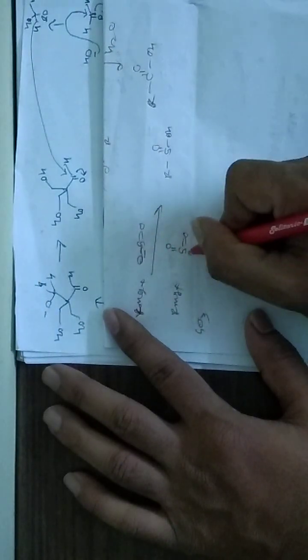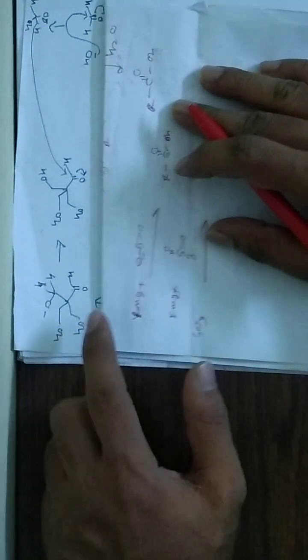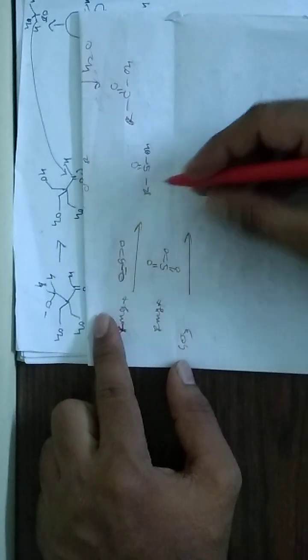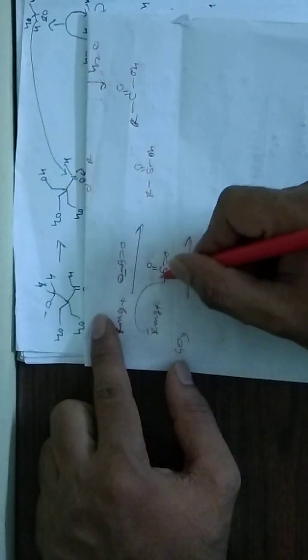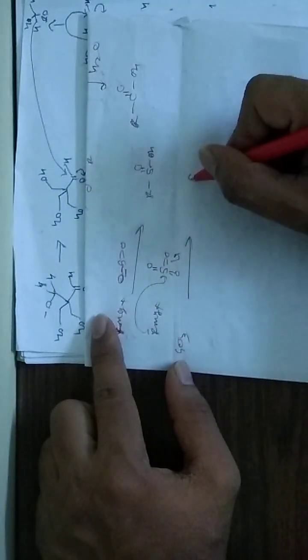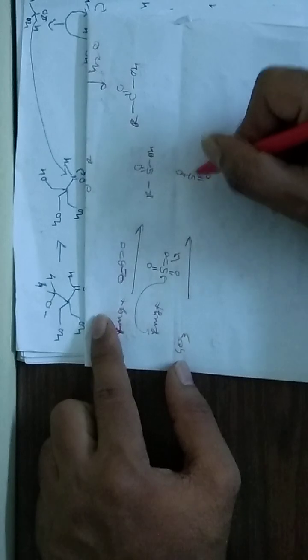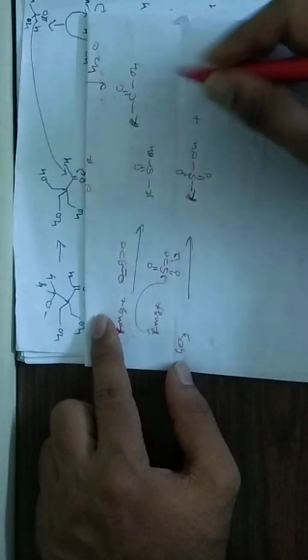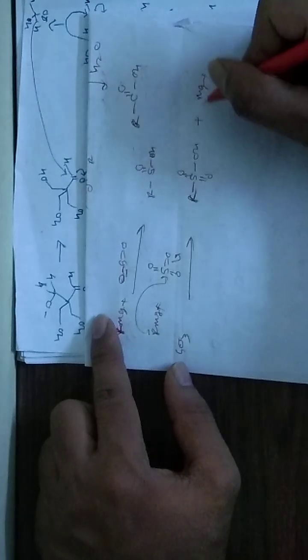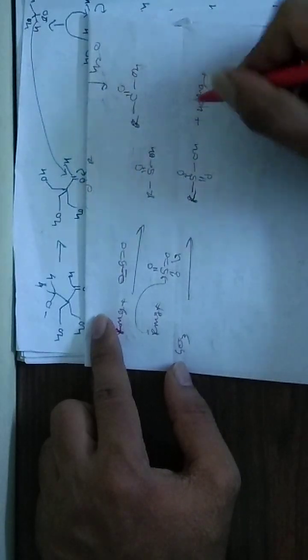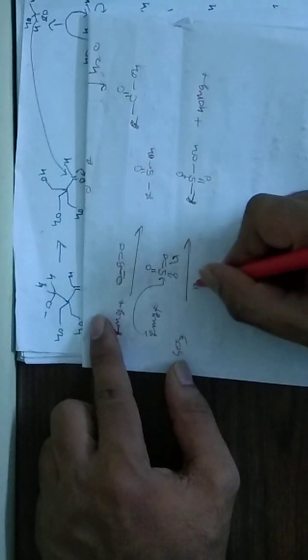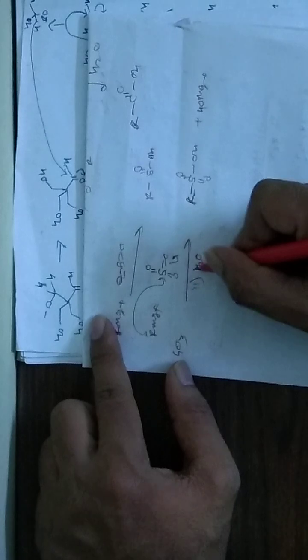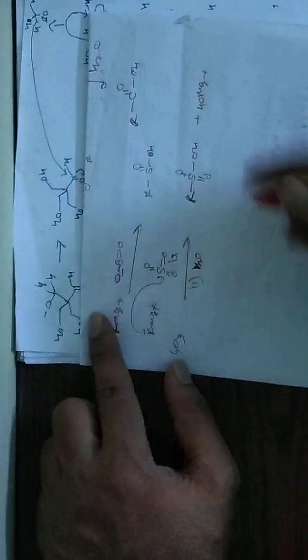S with double bonds to three oxygens. It will also react like above, R minus attacks on sulfur. This bond will open, so S double bond O, double bond O, here R and here O, MgX, and OH. In the next step, water is added. So this will form.